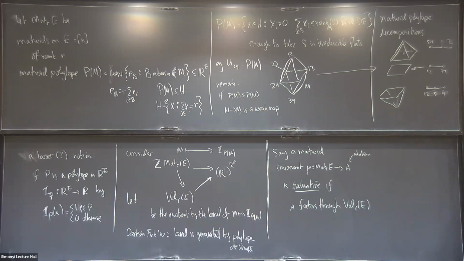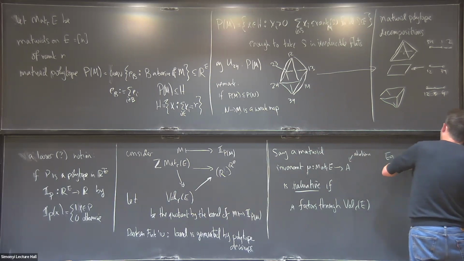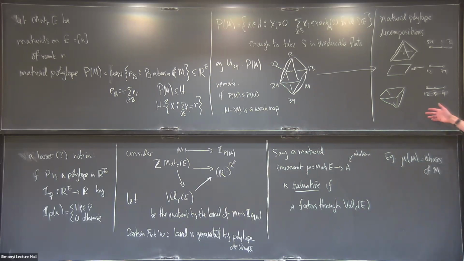So the number of bases is such a thing, because it's going to satisfy inclusion-exclusion, and it's enough to check under matroid polytope subdivisions. You could take the volume, but for any polytope, that's a valuative invariant.